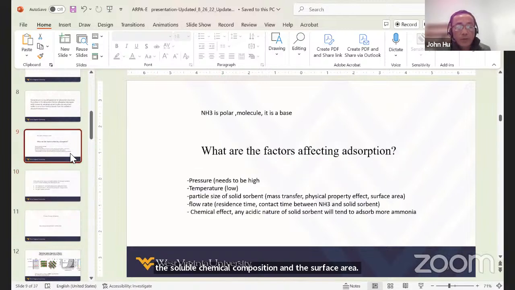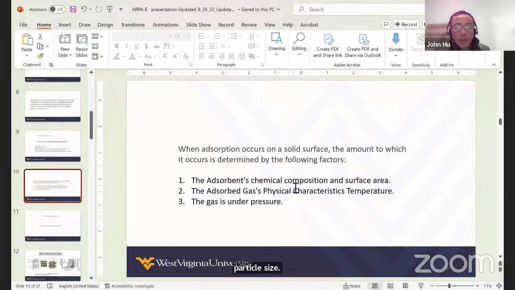Number 1 we already covered. I really appreciate the student. So the particle size and the chemical nature, that's covered here. Solvent chemical composition, I'm going to show you the solvent, the chemical composition, and the surface area. Surface area is translated into the particle size, all right?